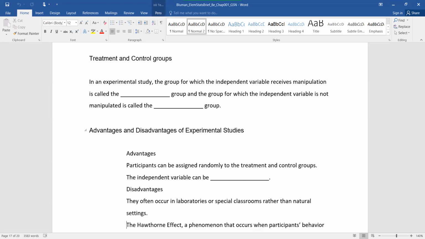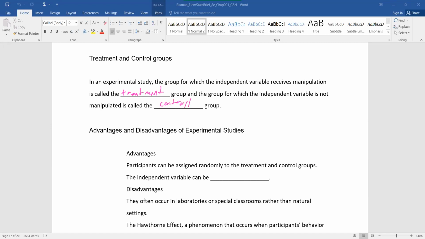All right, so treatment and control groups. This is like your placebo thing you were talking about earlier. In an experimental study, the group of which the independent variable receives manipulation is called the treatment group. And the group of which the independent variable is not manipulated is called the control group.